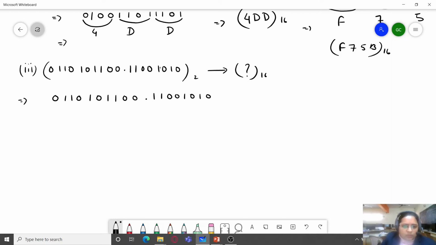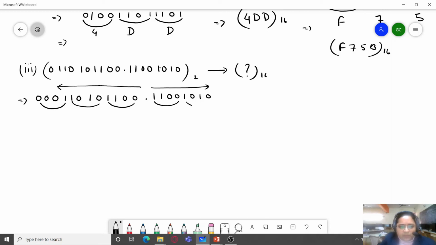Here also we will do the pairing in this way: before the decimal point the pairing would be from right to left, and after the decimal point it would be from left to right. Again we make quads, and here you can see that two groups are made successfully, but two digits are left, so we will add two more leading zeros to complete the group.